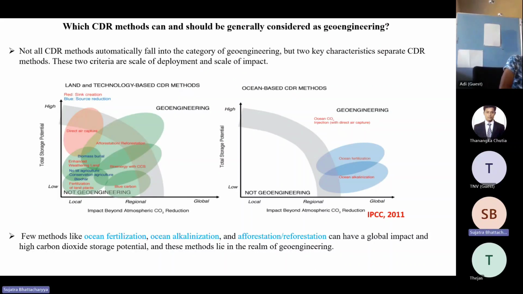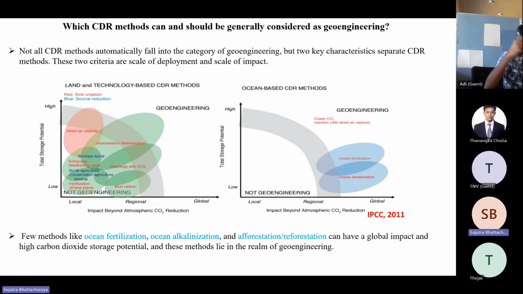So there are a lot of methods in CDR. Which method is generally considered as geoengineering? Not all CDR methods come into the category of geoengineering, because in geoengineering we are interested in the global impact and the high storage of carbon dioxide.